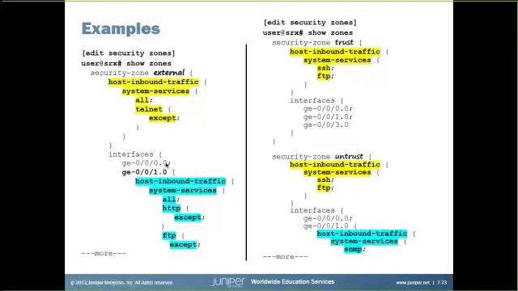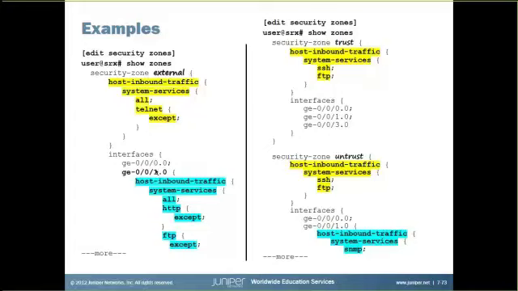While ge-0/0/1 has its own host-inbound-traffic system services command. And this one says system services all, HTTP except, FTP except. So ge-0/0/1 won't be able to do FTP. But ge-0/0/0 will be able to accept FTP.